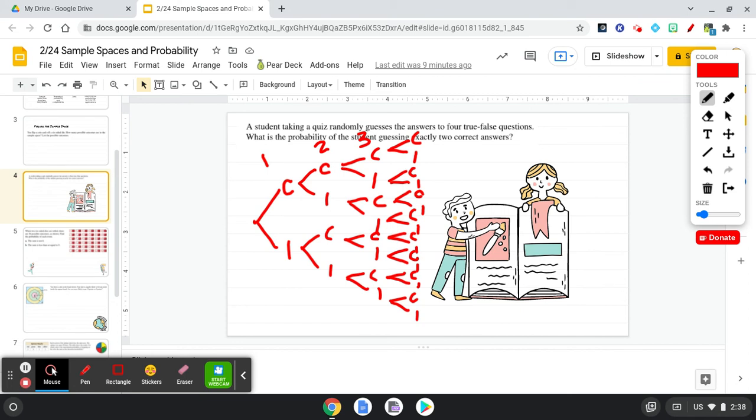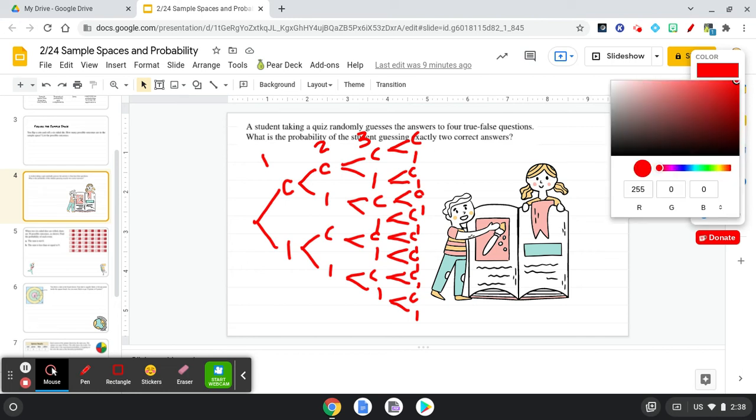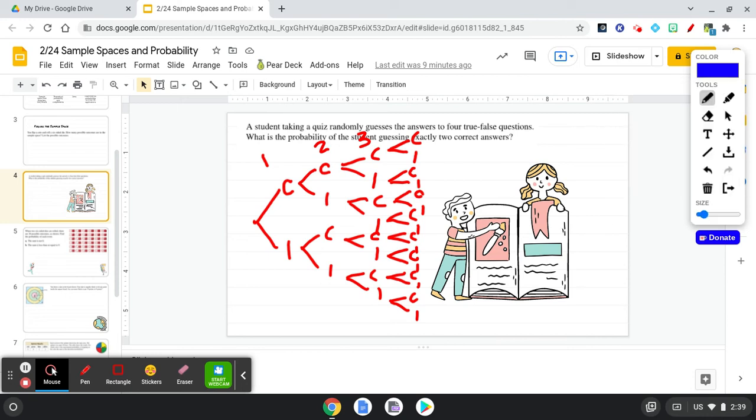So let's see if I can change the color on this. Okay, so this one doesn't work because it has 4 correct answers. So if I go 1, 2, 3, that one has 3. So if I go correct, correct, incorrect, incorrect, this one will work. Correct, correct, incorrect, correct, this one won't work. That branch won't work. Correct, incorrect, correct, incorrect.